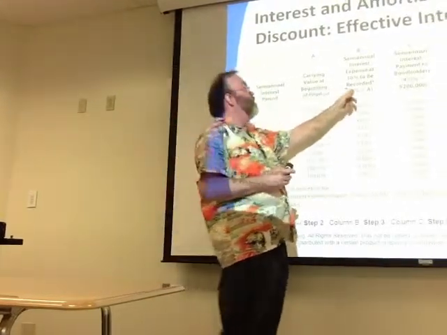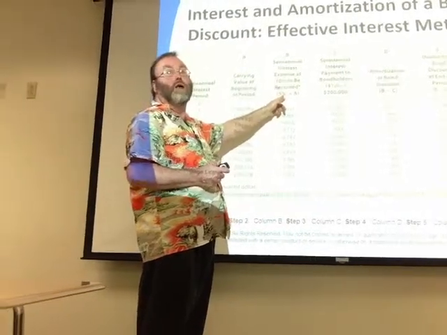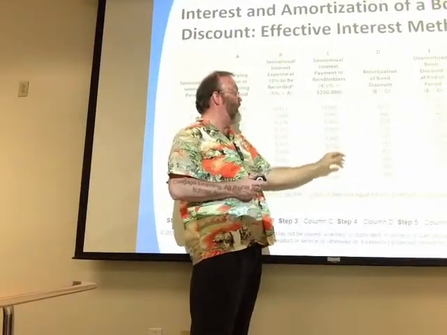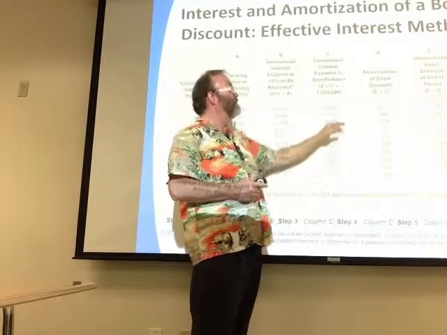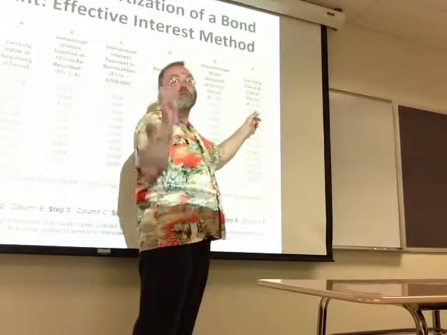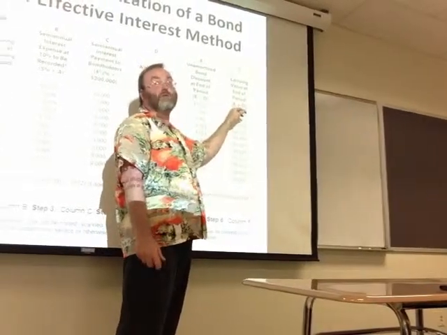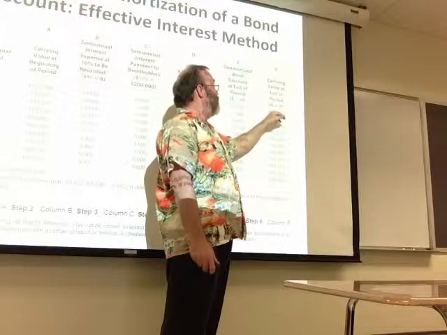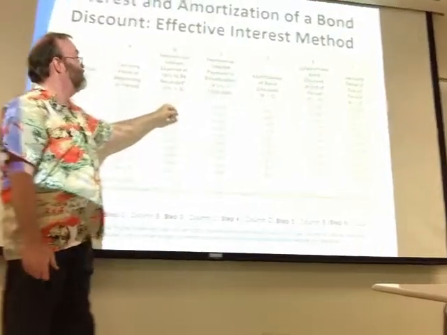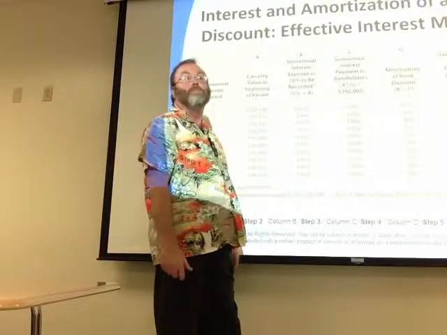So the market wanted 5%. I'm sorry, 10%. You're only paying 9%. So you're paying $9,000 in cash every 6 months. If you take the carrying value of the bond, which is the face value less that $7,702 discount on bonds payable, you take the $192,298, multiply it by the market rate of 5%, and you get $9,615.